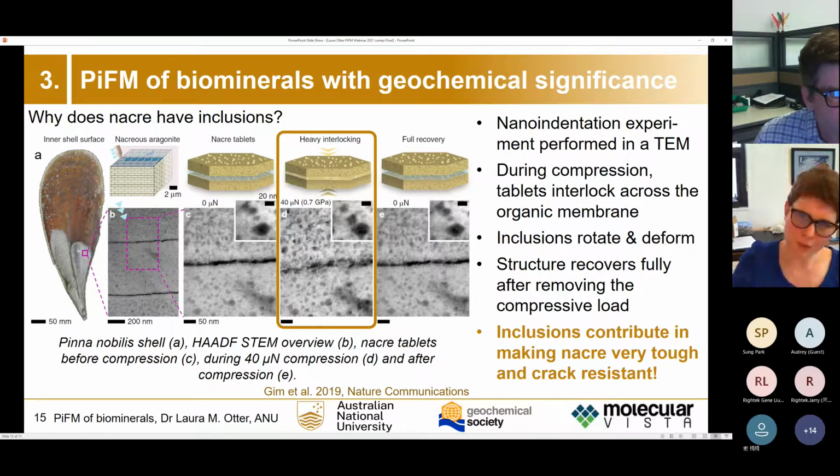And what we could see was that during compression of 40 micronewtons, the calcium carbonate tablets interlock across the organic membrane. That's a bit squashed inside the tablets then, and these little inclusions rotate and deform under pressure. And after taking the load away, everything just jumps back and looks perfectly like before the experiment.